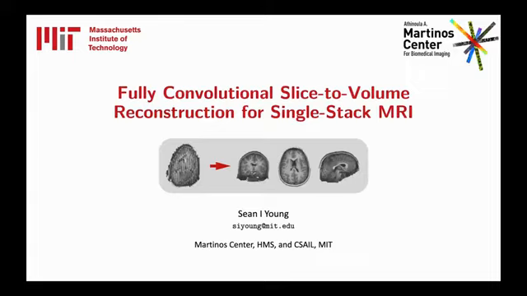If you look at it from this kind of view, you don't really see anything. There's a partial volume effect, but there's a lot of interslice motion, which means if you want to tackle further downstream tasks, volumetry and stuff like that, there's really no way to make that work if you have a slice stack like this.